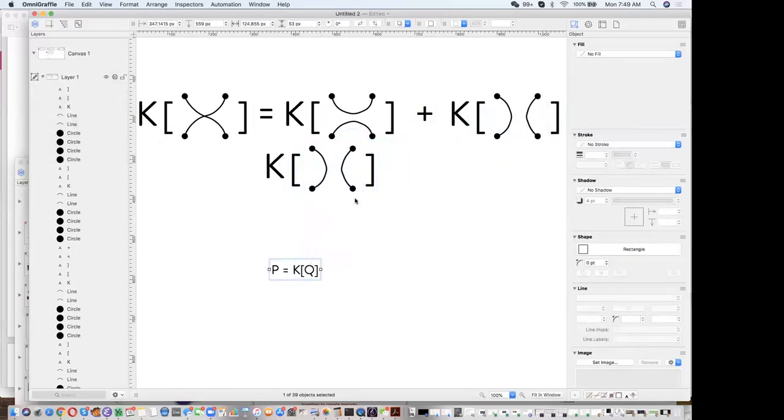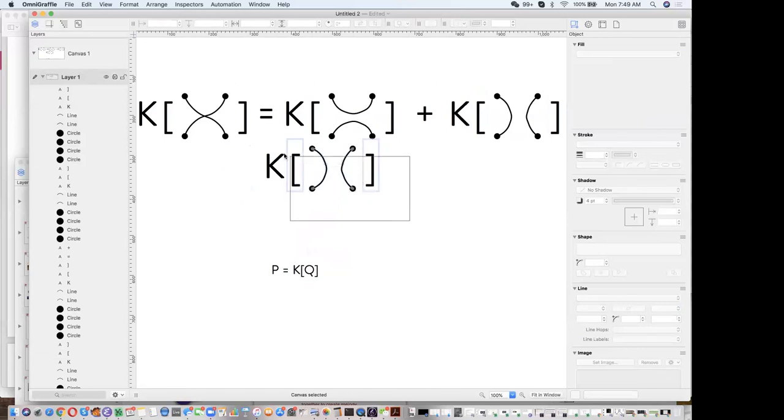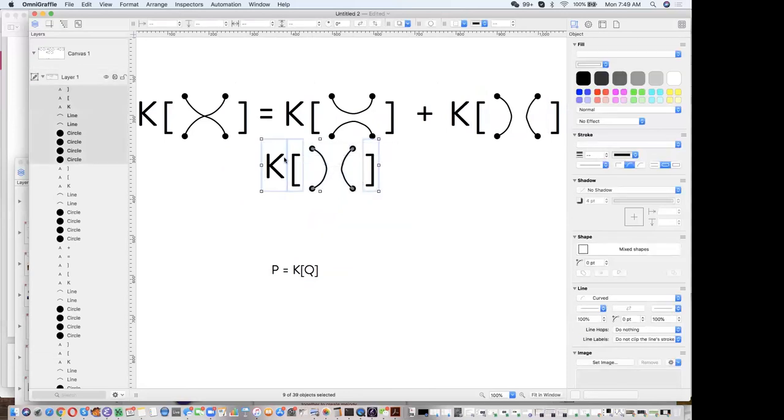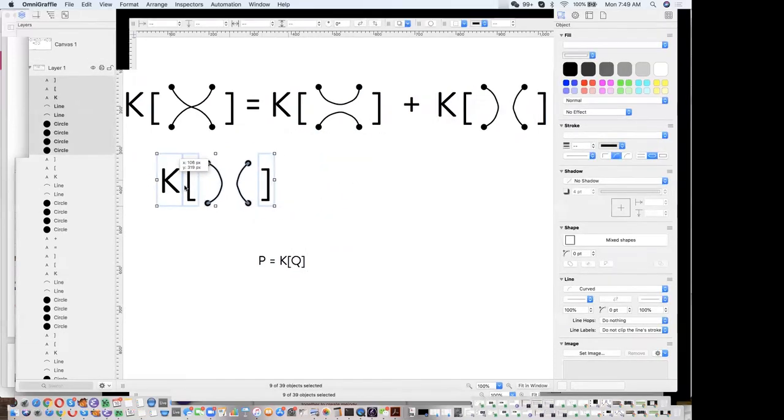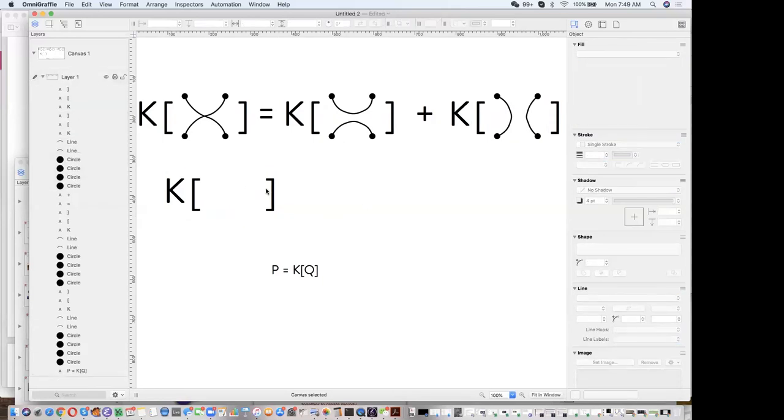So you need to ground this endless recursion. And so the base case for this recursion is that.